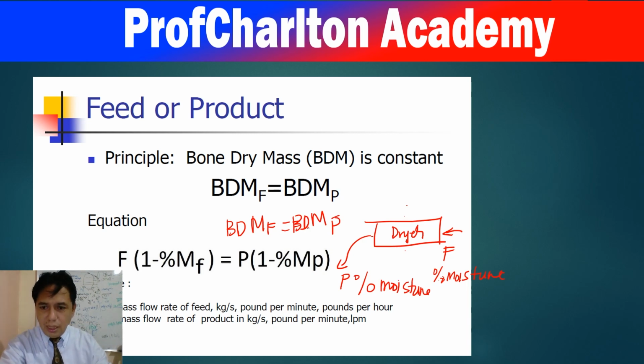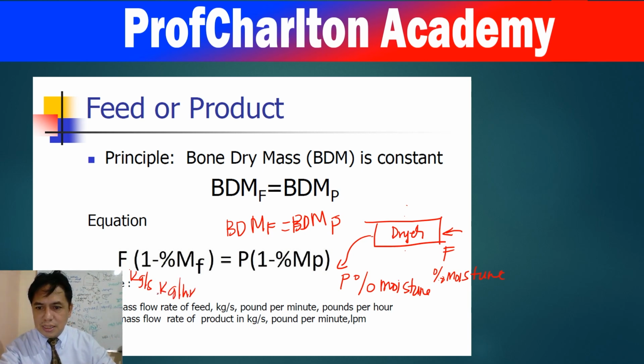Now, the general formula is this: F times (1 minus percent M_F) equals P times (1 minus percent M_P). What is F? F is the mass flow rate, meaning the material that you are trying to feed into the dryer, measured in kilogram per second or kilogram per hour.